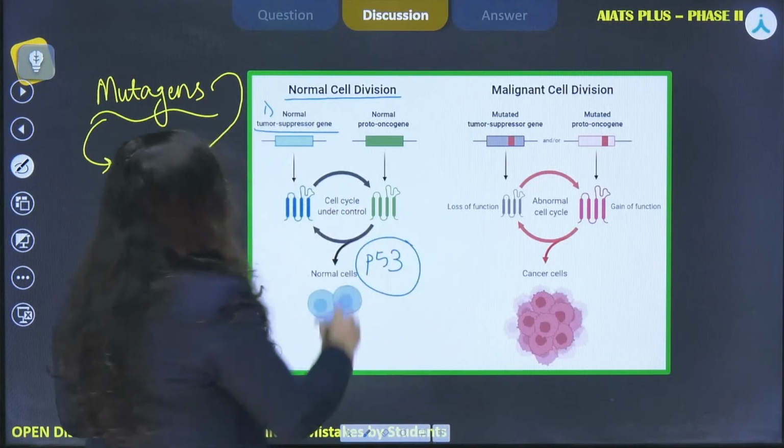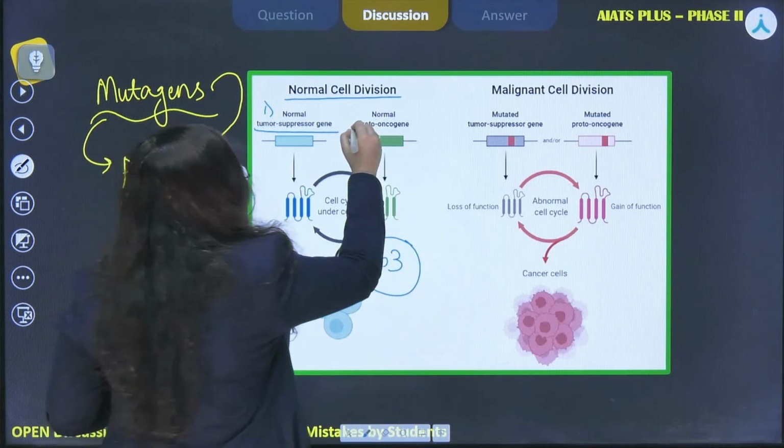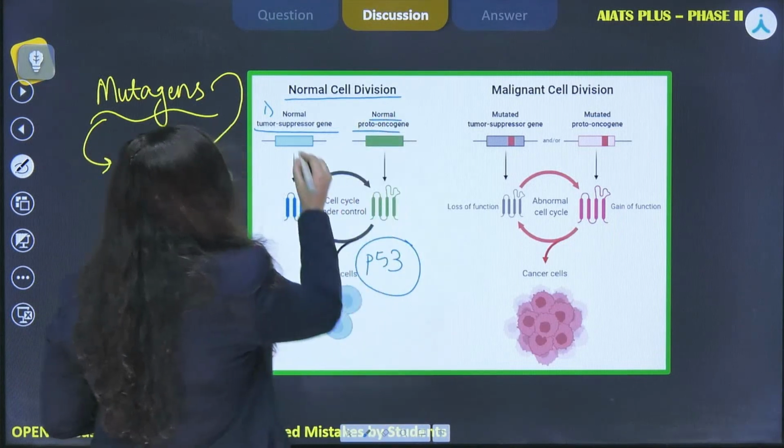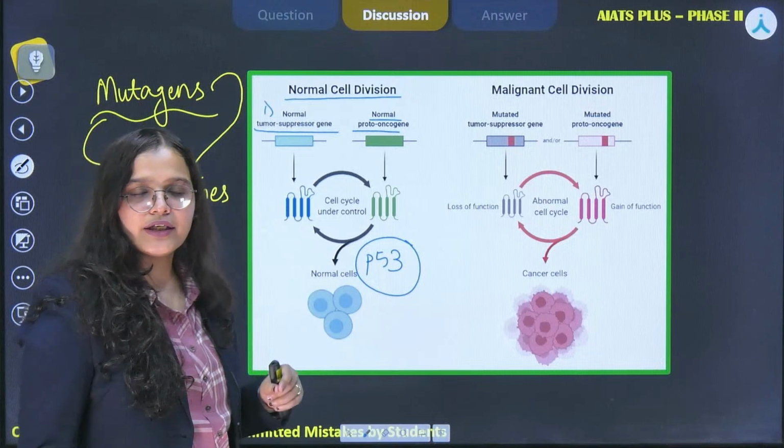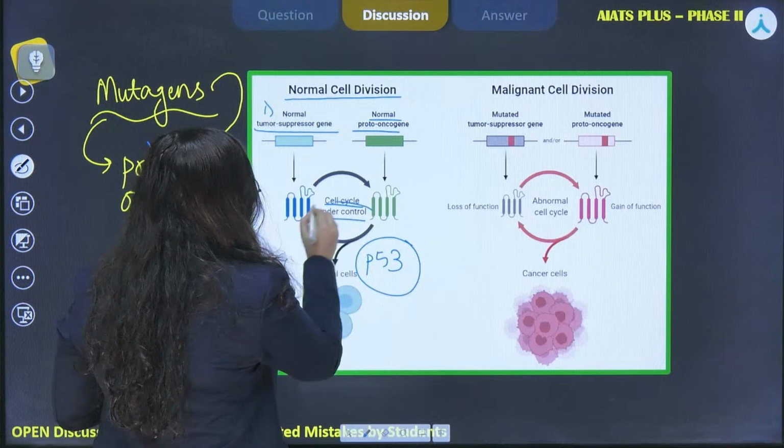P53. So we have a normal tumor suppressor gene and then we have a normal proto-oncogene. Both of these are regulating or forming proteins which are keeping the cell cycle under control.